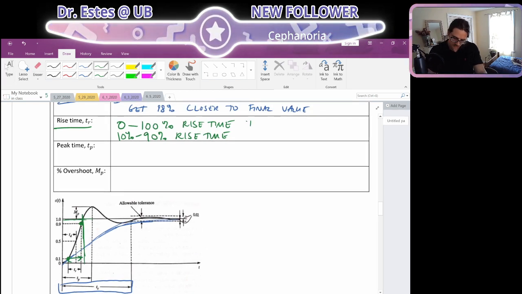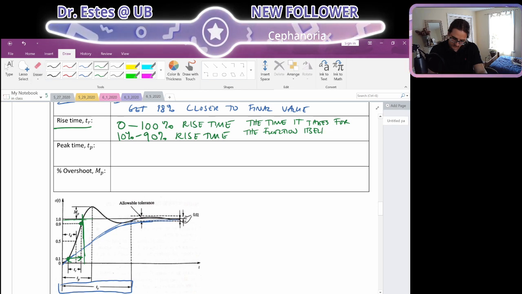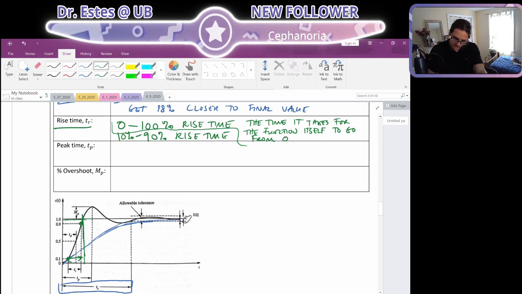So, if we define it, the time it takes for the function itself, and let's use this 0 to 100%, from 0 to the first time it intersects its final value.